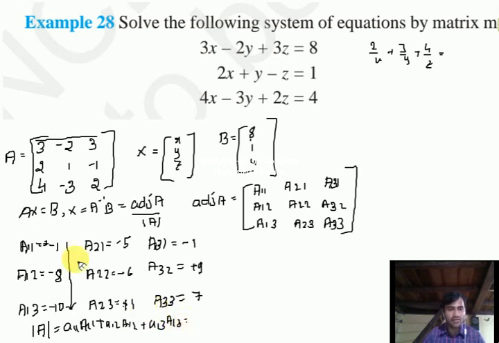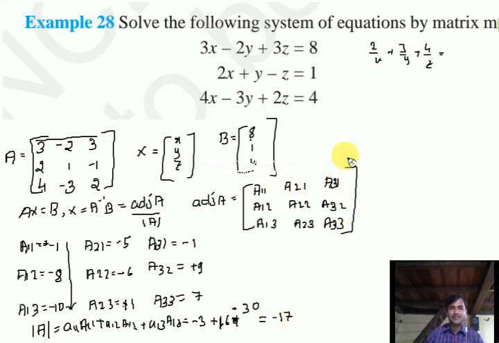If you add all these, then it will be 3 into minus 1, minus 3, plus the second element, minus 2 into minus 8, plus 16, plus 3 into minus 10, which is minus 30. So minus 3 plus 16 minus 30 means you will get minus 17.